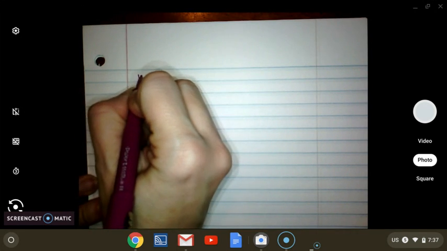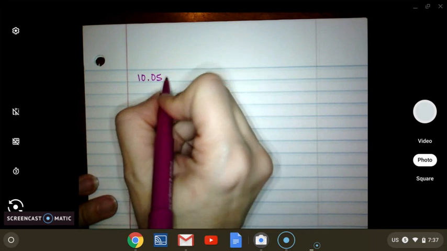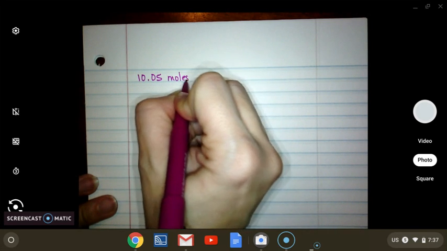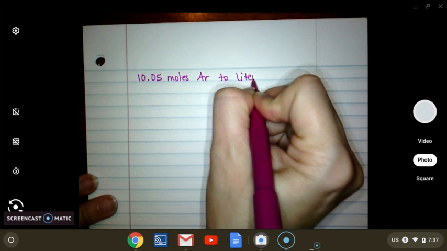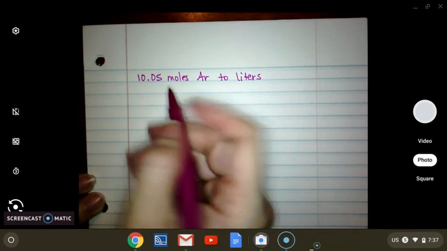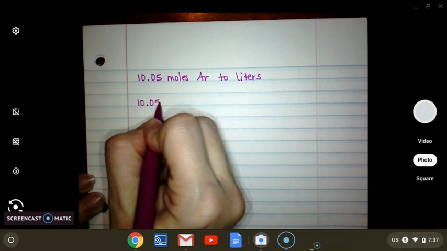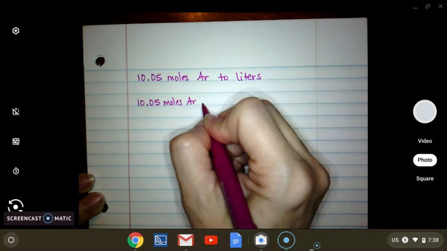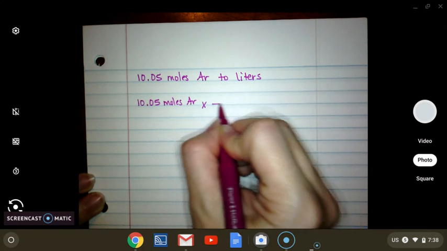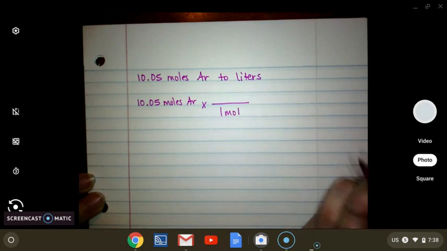All right, the next one was moles to volume. And remember that you only use 22.4. There's nothing to convert or anything like that. So the first one, 10.05 moles of argon to liters. So you take your given, 10.05 moles. And if you have moles here, the moles goes on the bottom.